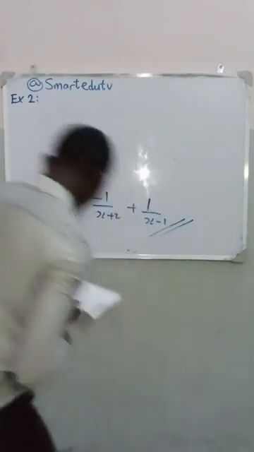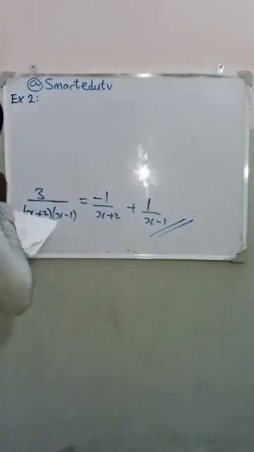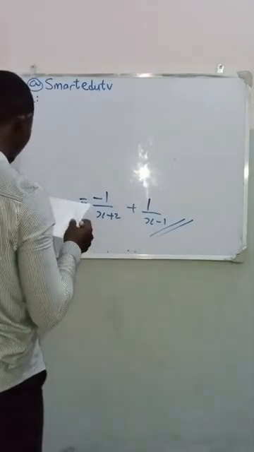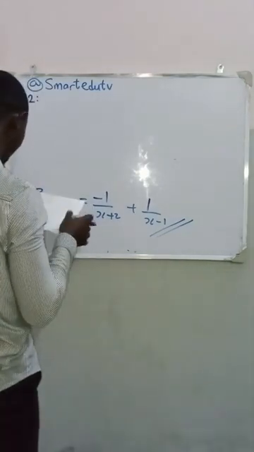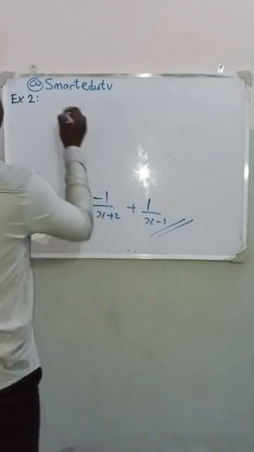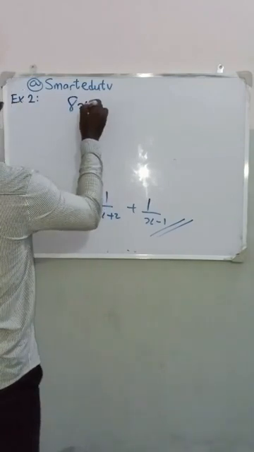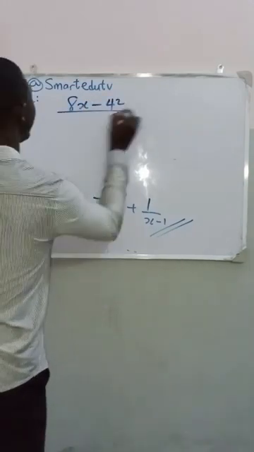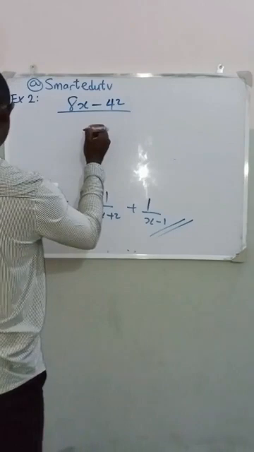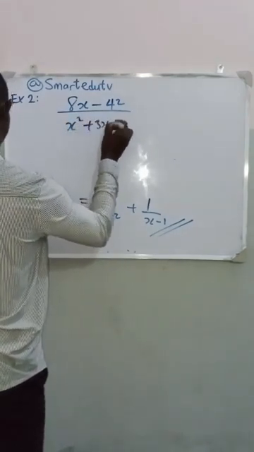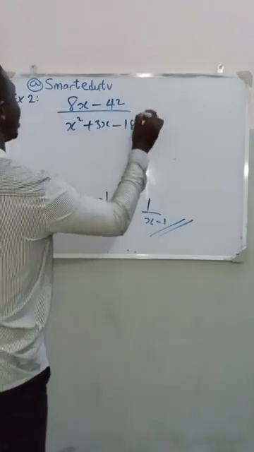I want us to resolve 8x minus 42 over x squared plus 3x minus 18.